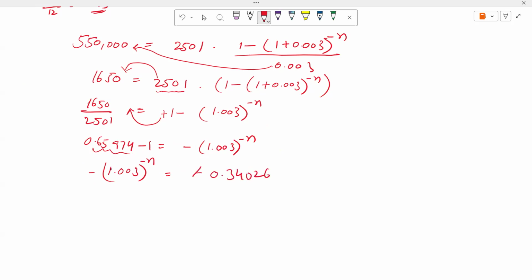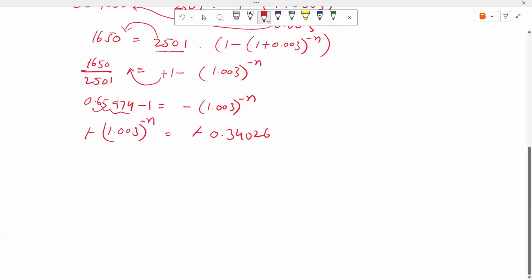This minus would get cancelled out on both sides, and you're technically left with this. Now you can take the natural log on both sides.